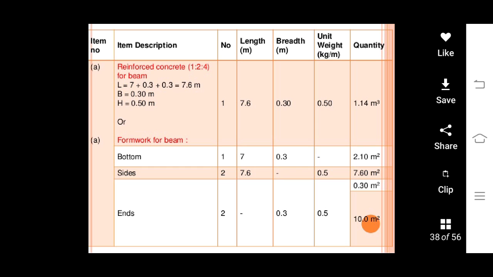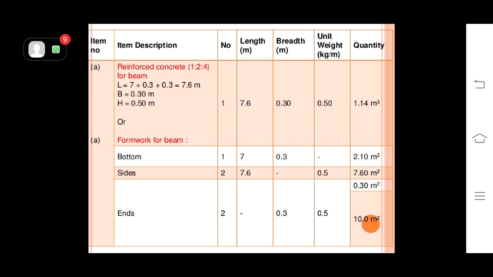The total number of beams is 1 only. Therefore, the quantity of concrete is 1 into 7.6 meter length into 0.30 meter breadth and 0.50 meter depth, which is equal to 1.14 meter cube.